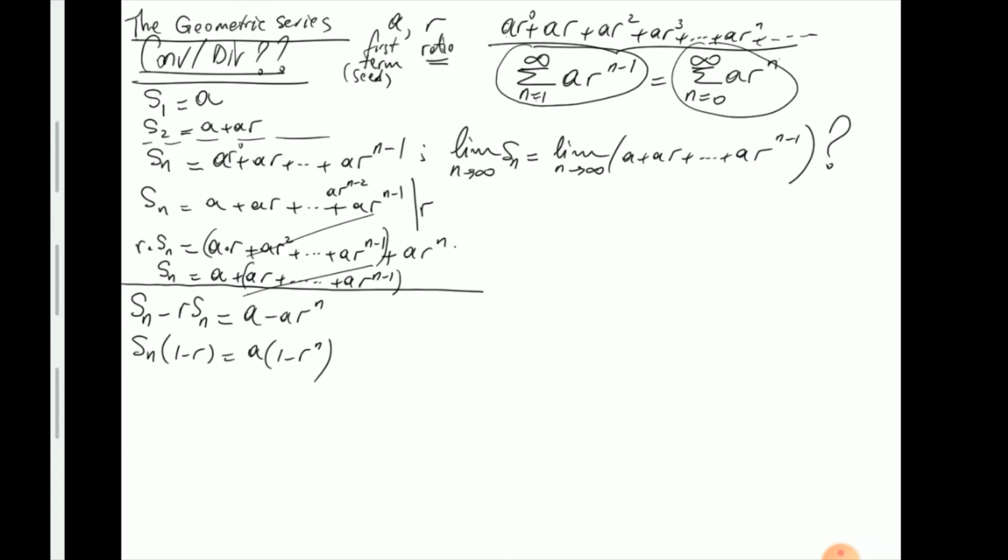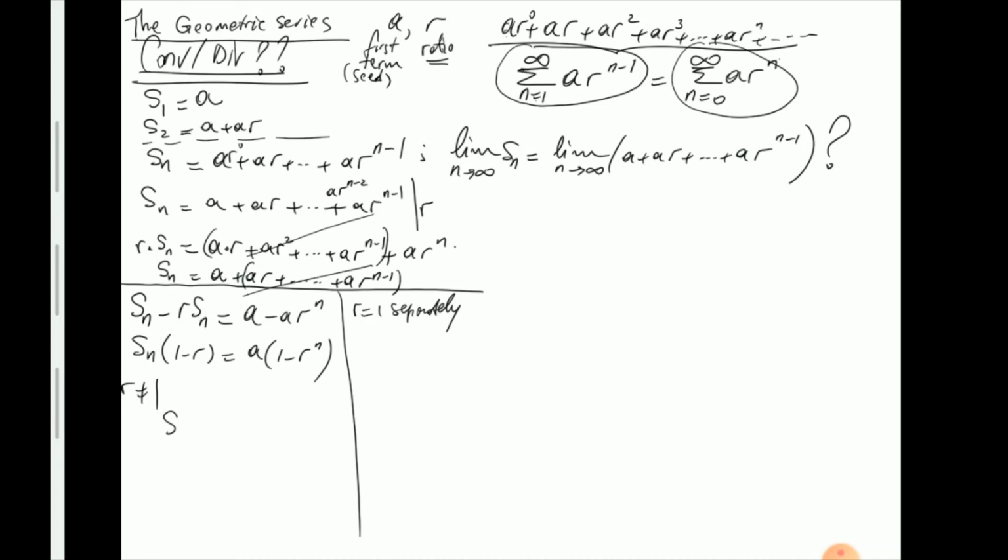At this point, before I divide, let's see what happens when r is equal to 1. We're going to treat this case separately, because we can't divide by 0. So from this point on, I take r not equal to 1, and I can divide by 1 minus r.